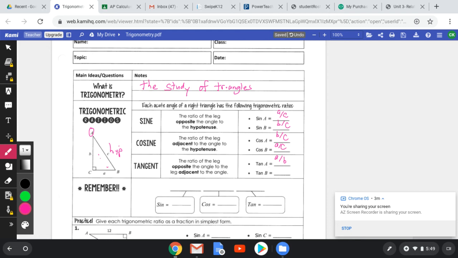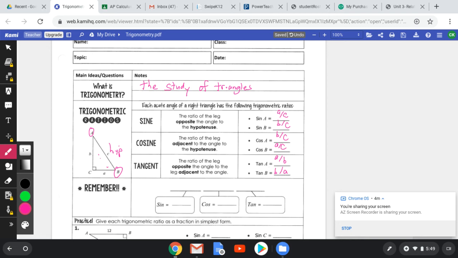Likewise for tangent of B, it's the side opposite, b, over adjacent, a. What's interesting about trig functions is that the sine of A is the same thing as the cosine of B, sine of B is the same as cosine of A, and the tangent of A and tangent of B are just reciprocals of each other.